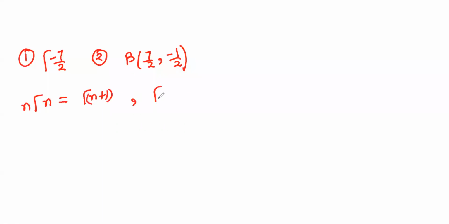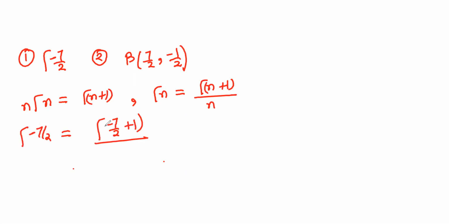So can I write gamma n is equal to gamma(n plus 1) upon n. So gamma(minus 7 by 2) I can write as gamma(minus 7 by 2 plus 1) upon n, where n is minus 7 by 2.